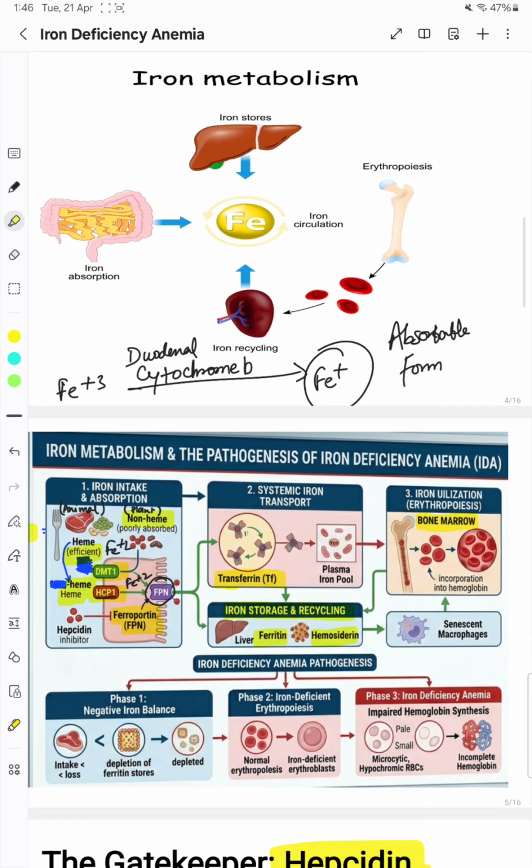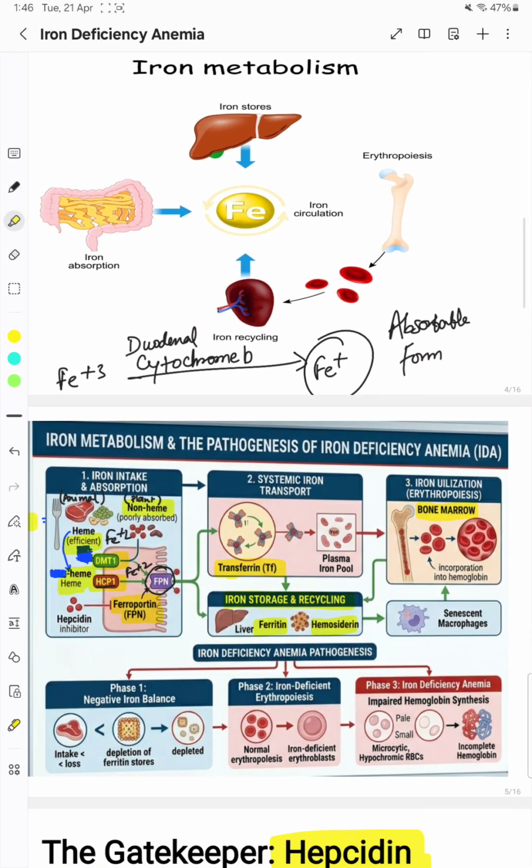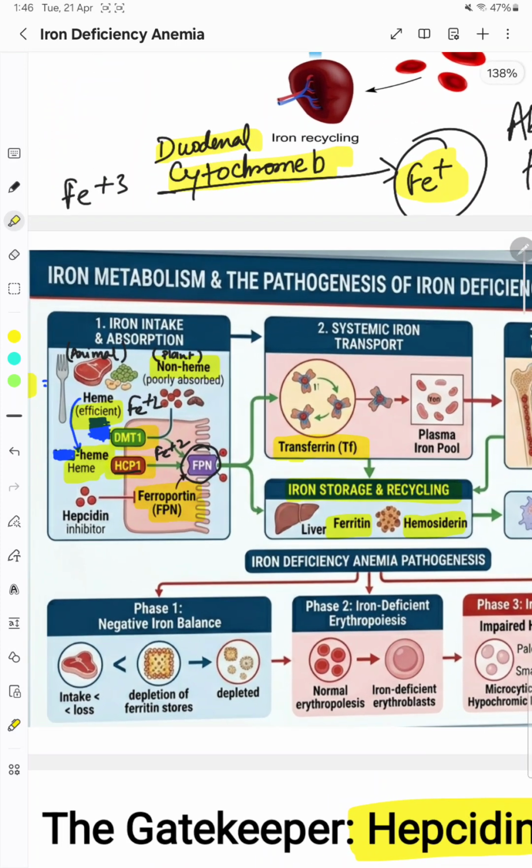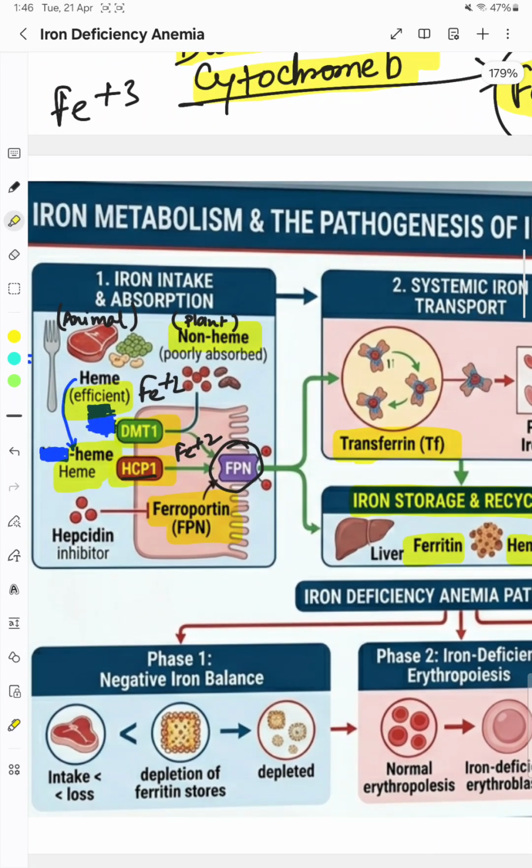Now we will see the metabolism and absorption of iron. Iron is predominantly absorbed in the proximal duodenum, and the absorbable form of iron is ferrous. The ferric form is converted into ferrous with the help of duodenal cytochrome B. Dietary iron is present in mainly two forms: heme iron and non-heme iron.